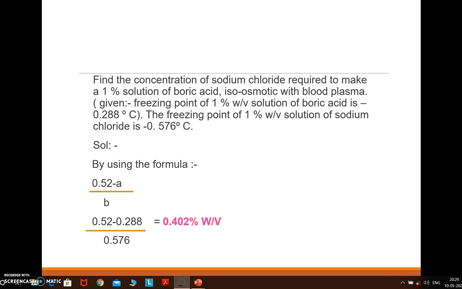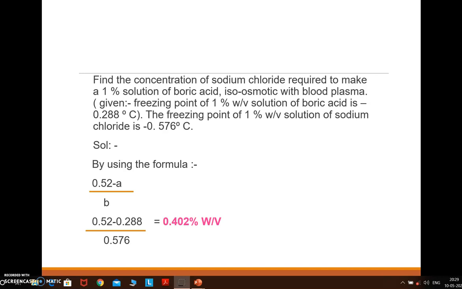Always keep in mind, when you are having sodium chloride in your sum, always consider it as B. Now you have been given the freezing point of 1% weight by volume solution of boric acid, that is minus 0.288 degrees Celsius, whereas freezing point of 1% weight by volume solution of sodium chloride is minus 0.576 degrees Celsius. So you are going to use this in the formula 0.52 minus A divided by B.